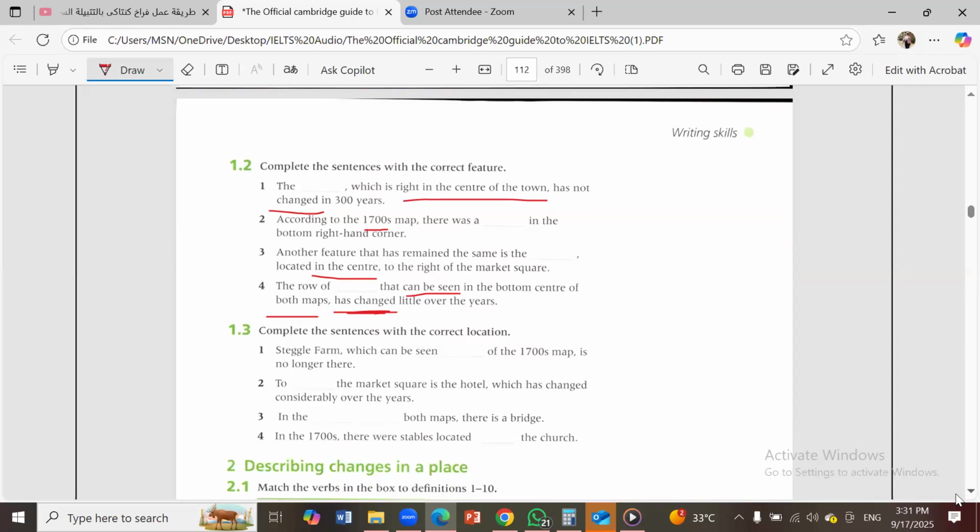he needs you now to write the right location. He wants to train you on writing locations. The stickle form, which can be seen where of the first map is no longer there. No longer there.